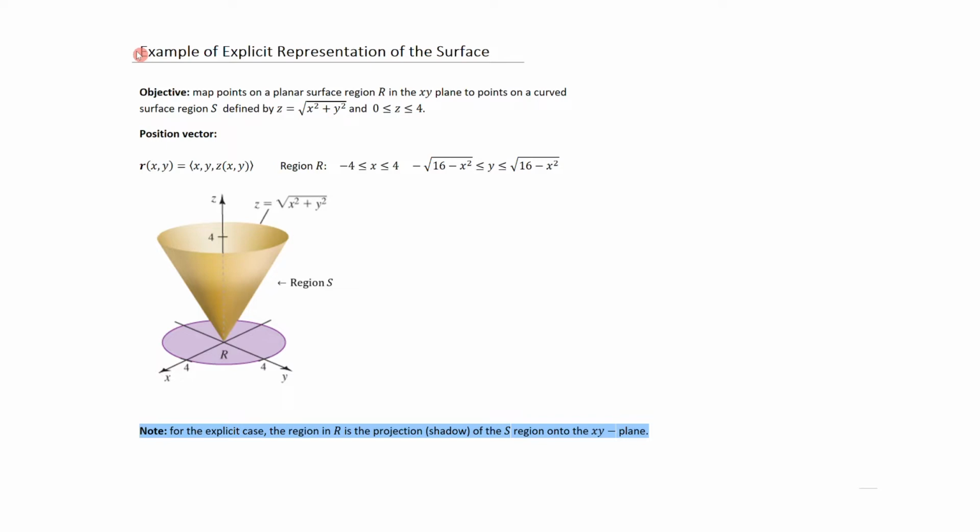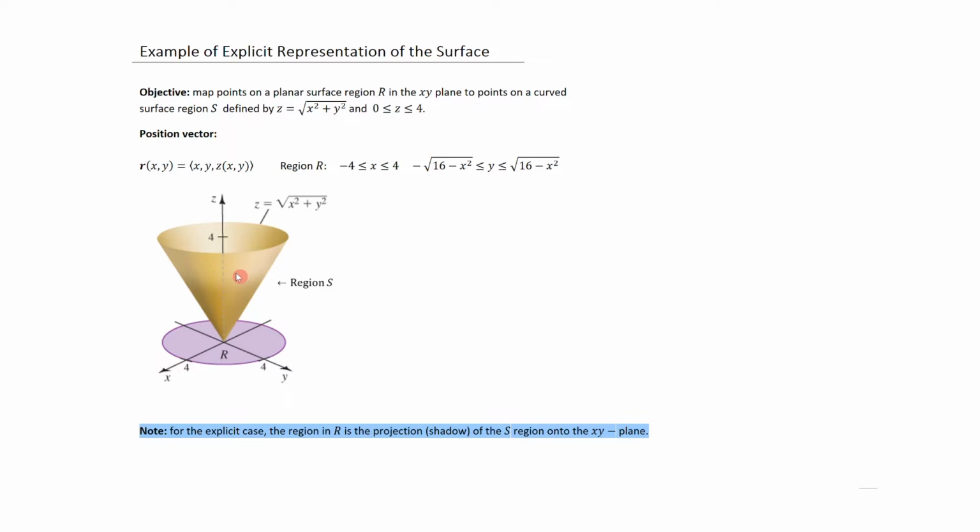And so for this particular example, the objective is to map out points on a planar surface region R in the xy plane that point to points on a curved surface region defined by z equals square root of x squared plus y squared within the range of z with lower limit 0 and upper limit 4. And so in this case, the diagram that we'd be looking at is the one shown below. And it's this exterior surface of the cone to the apex point to the top here that we're interested in.